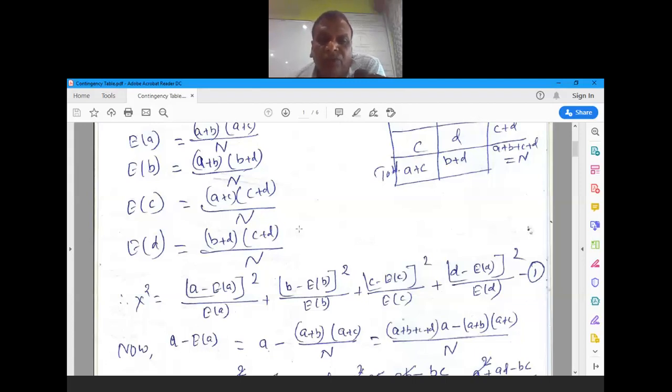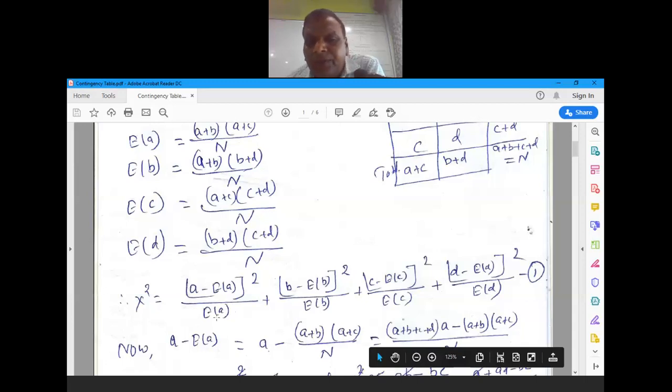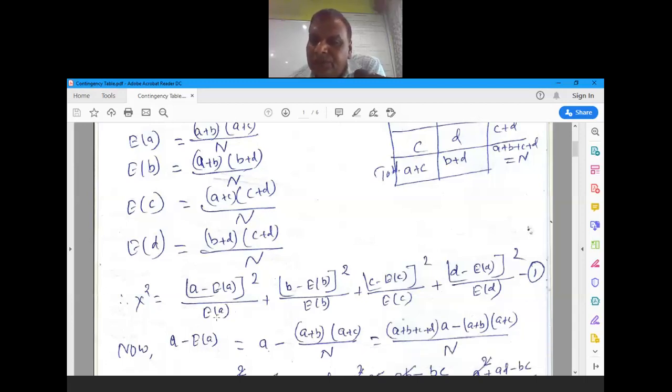So here the formula is (a minus Ea) whole square divided by Ea, plus (b minus Eb) whole square divided by Eb, plus (c minus Ec) whole square divided by Ec, plus (d minus Ed) whole square divided by Ed.